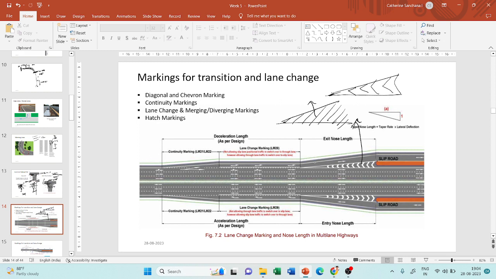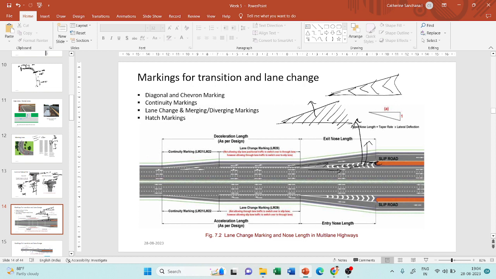Say if this is not provided, you can see that the road is widening, right? So chances are high that a vehicle traveling in this direction can hit the edge of the curb. In order to avoid this collision, they try to streamline the traffic by providing markings like this, which means no vehicle will travel in this portion.